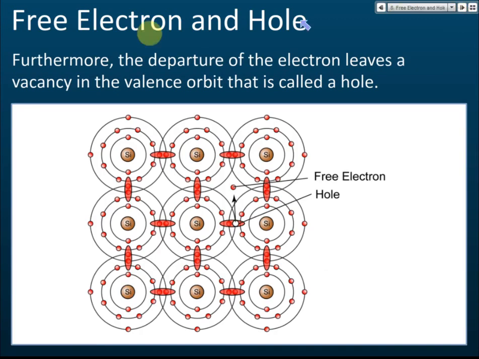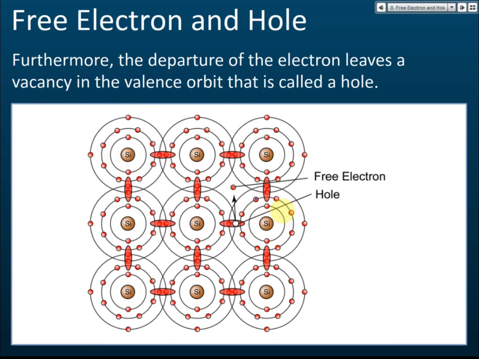Now, after this electron jumps out, it will leave a vacancy in this valence orbit. Initially there was one electron, right? After this electron jumps out, it becomes a free electron, so it will leave a vacancy here, and this vacancy can attract other electrons to go in.